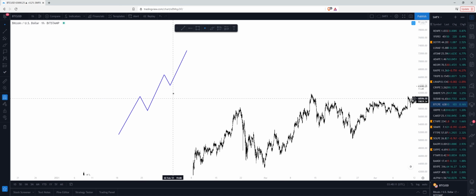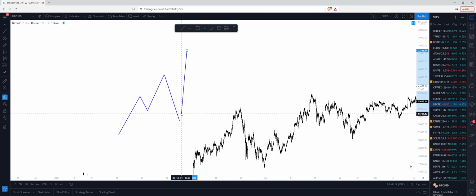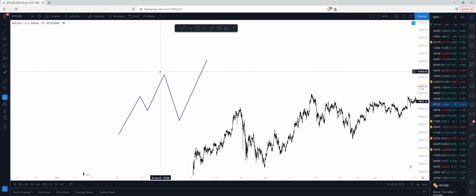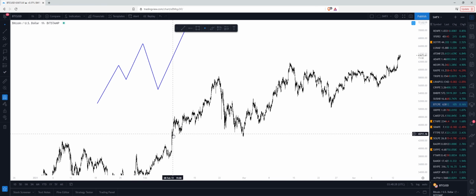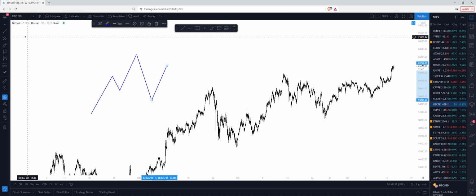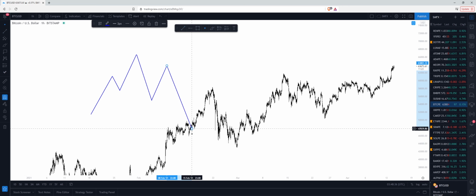Okay, but where should you enter, and how do you know that price is not going to retrace or reverse? How do you know that we're not going to pull a move like this, like we saw here? Or how do you know that price isn't going to reverse?